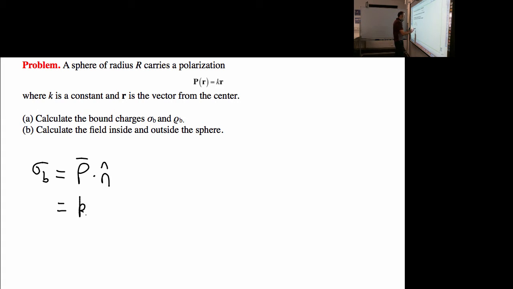So what we have is kr dot r hat, and this is at the surface, so for when r is equal to big R, and what we obtained is the surface bound charge is equal to k times R. If I was to put some units in here, what we would have is coulomb per meter squared.